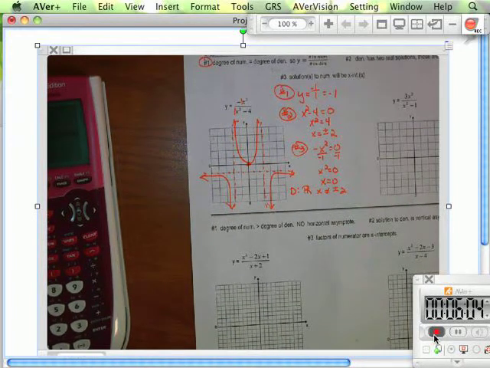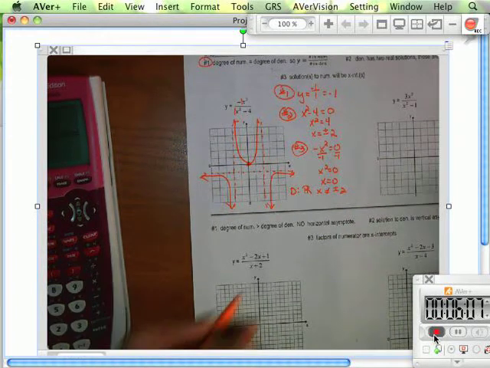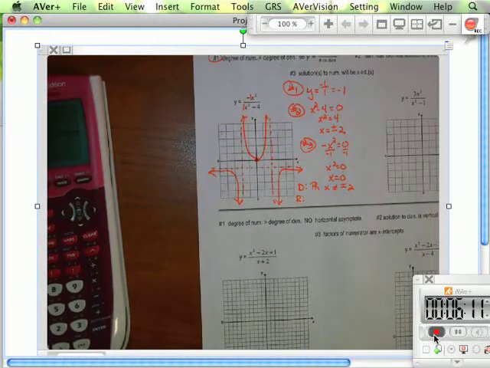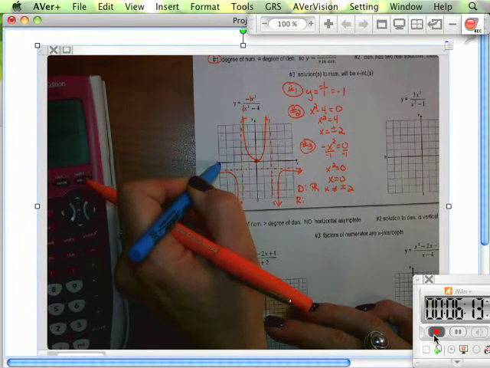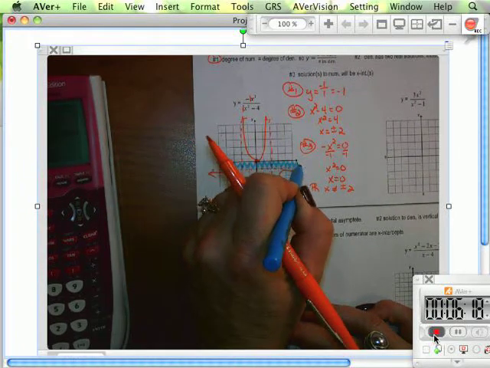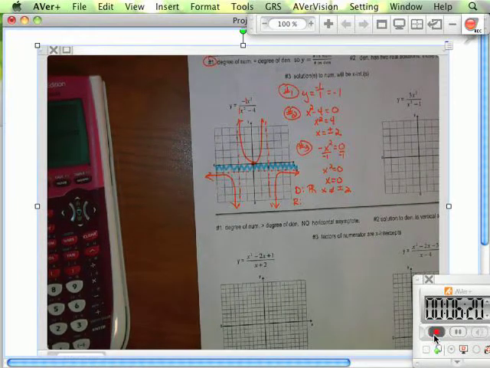Now, y gets a little funkier. The range. Okay. The range can be pretty much anything except for this area right here. That is where it cannot be. However, can it be 0? Yes. So we're going to write that out. We're going to say, okay, then it looks like this.